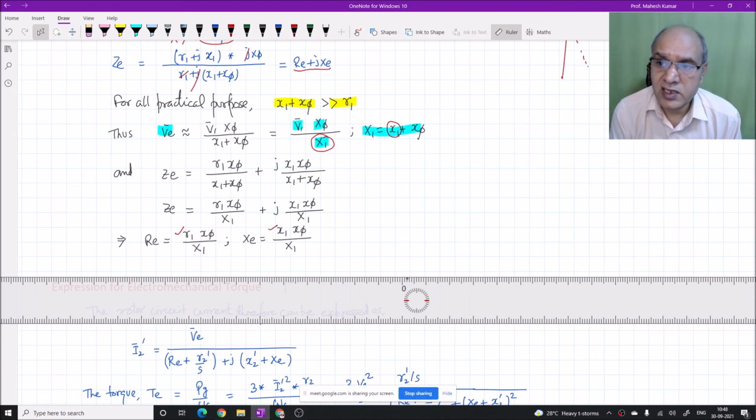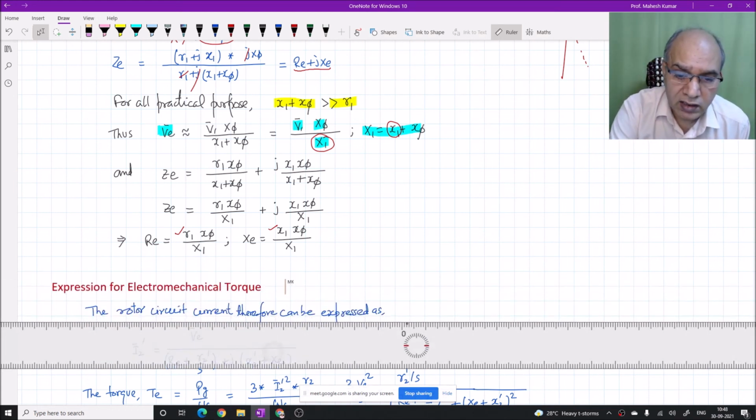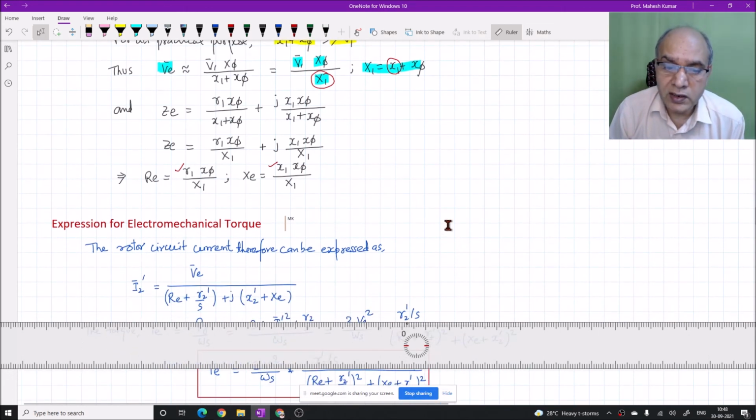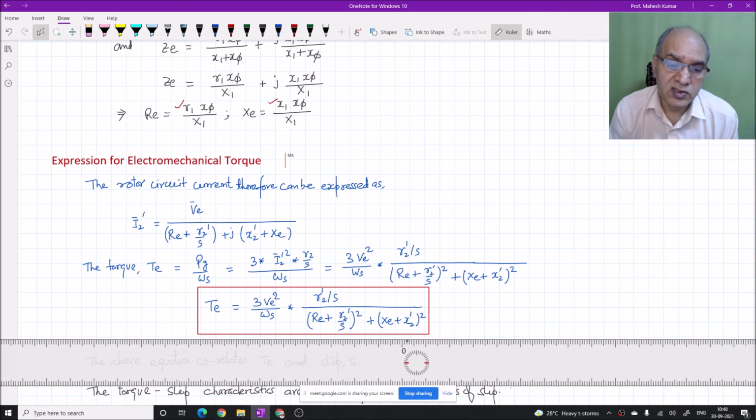Now we can analyze this circuit in terms of the power. So in the next class we will study the expression for electromagnetic torque or electromechanical torque, and then we try to find out the speed torque characteristic, which is of prime concern to us in microgrid systems.